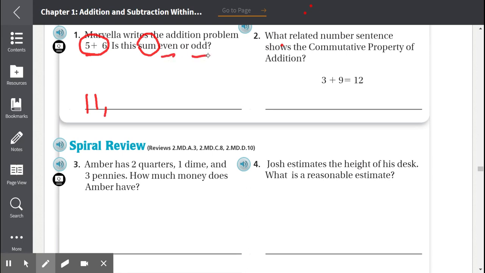Now we already know even numbers end in 0, 2, 4, 6, or 8, and odd numbers end in 1, 3, 5, 7, 9. So let's look at the number at the end. The number at the end is a 1. So that means 11 is an odd number.